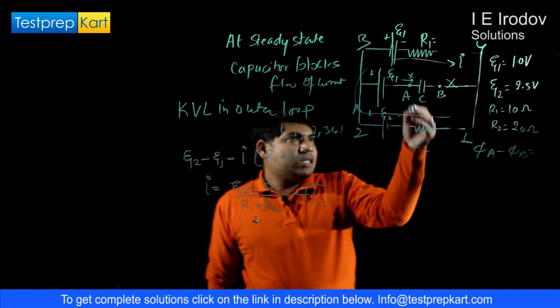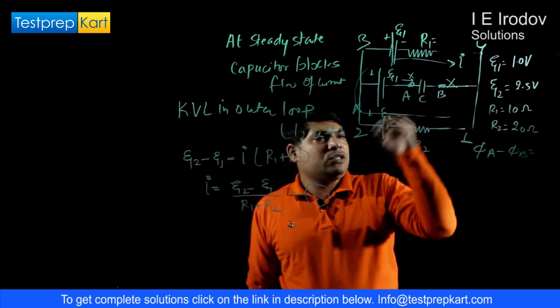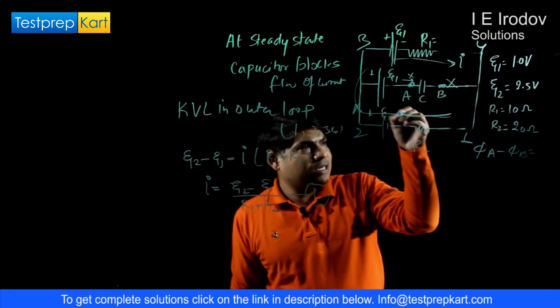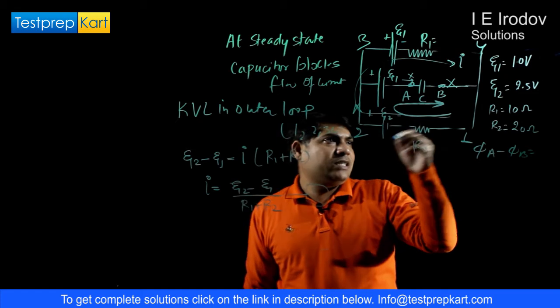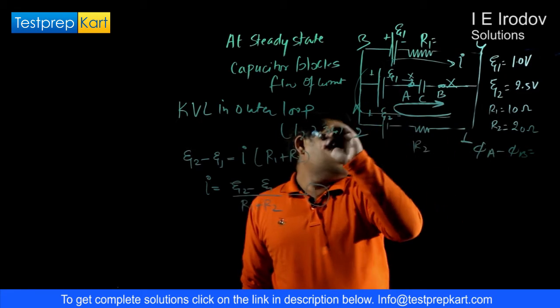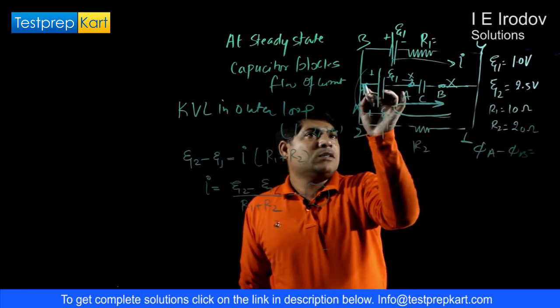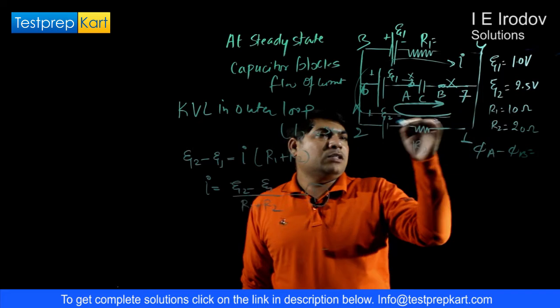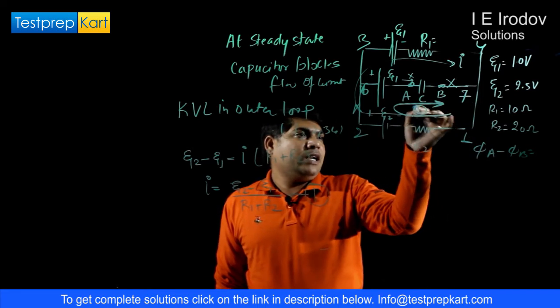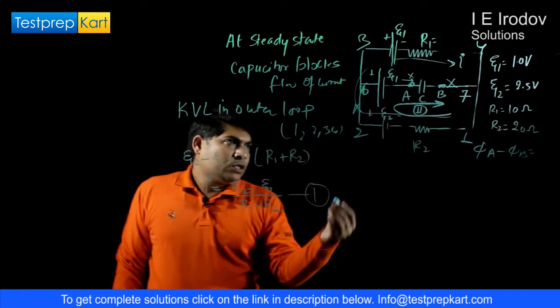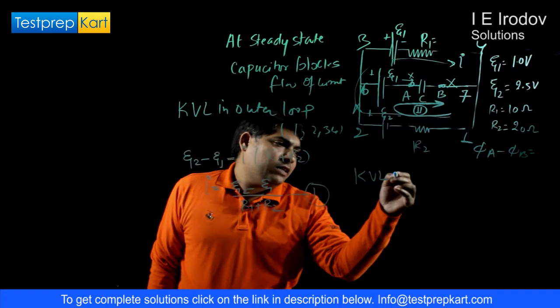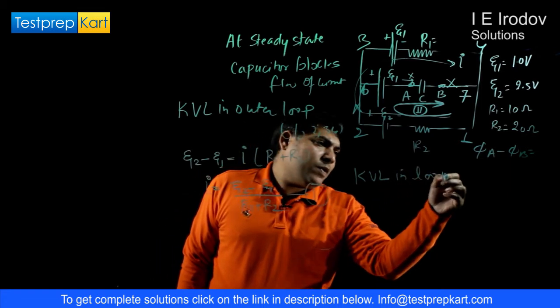Now as we are interested in finding the voltage between these two terminals, let's apply KVL in this inner circuit, 1, 2, and let me write 6, 7, so that you can correlate. Loop number 2. So again we'll write KVL in loop number 2.